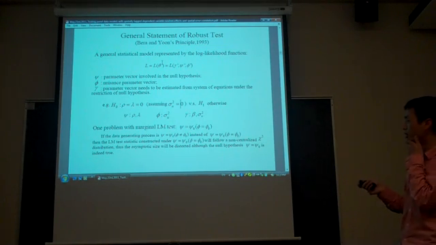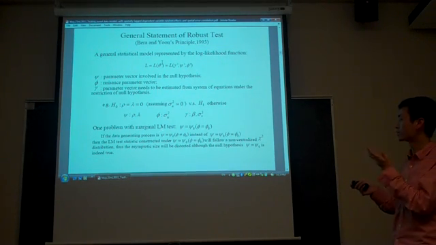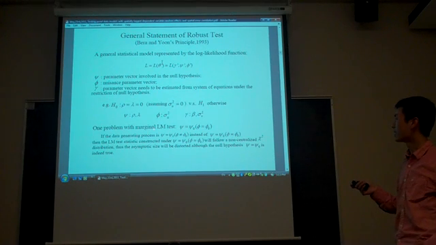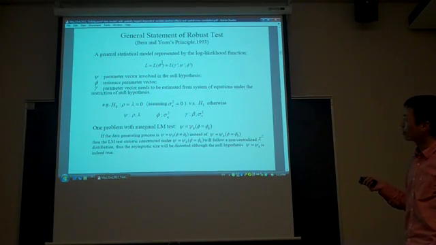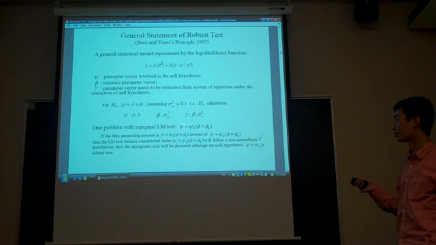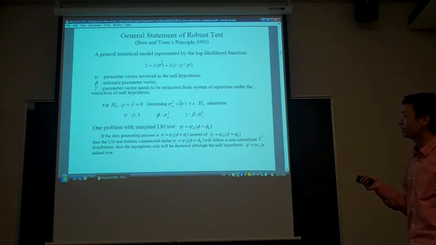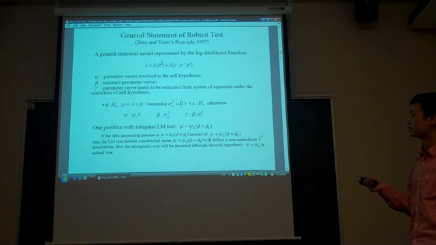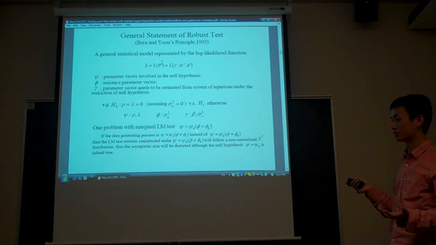What is the definition of the marginal LM test? I will explain it in the next slide. We have this null hypothesis, and we can construct the traditional Lagrangian multiplier test under this hypothesis. So if the real data generator is just this one, it will be fine.